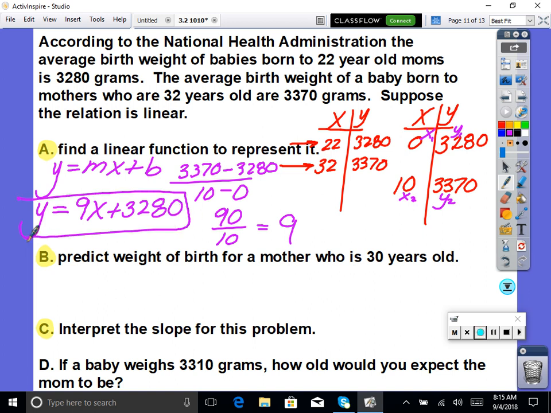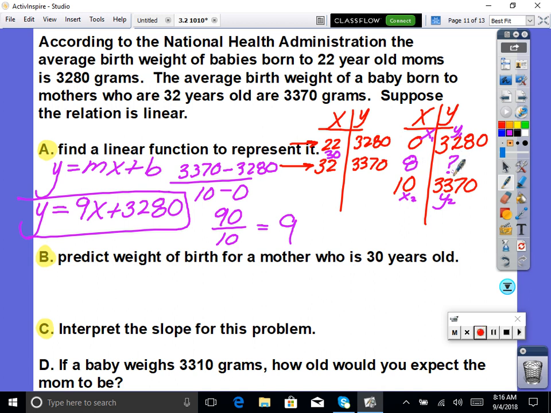Now B, it says predict the birth weight for a mother who is 30 years old. You can't plug in 30. We're not using these years, we're using this. So 30, where is that? It's located in here, isn't it? So if 22 is 0, how many years after that is 30? 8. We want to know that. So plug in 8.